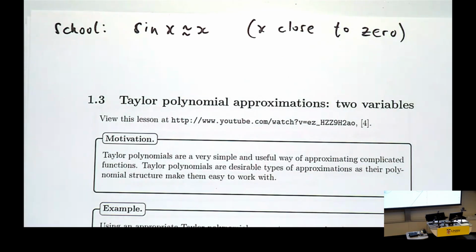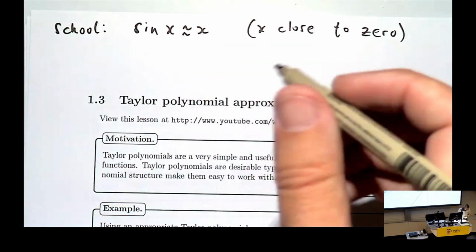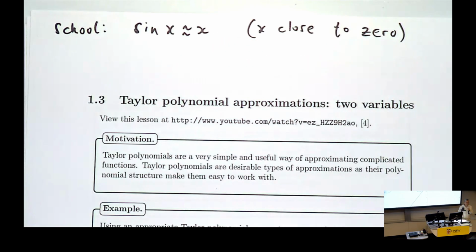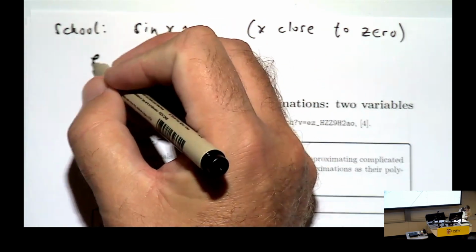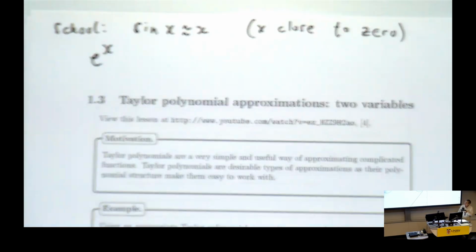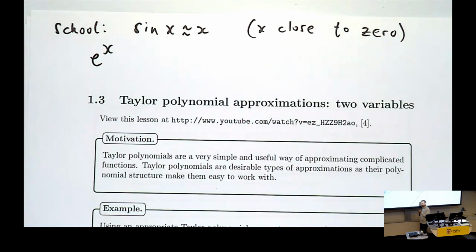All right, let's do something else. Let's think back to first year, right? What do we know from first year? Our old friend, e to the x, the exponential function. In Math 1b, you calculated approximations to that.